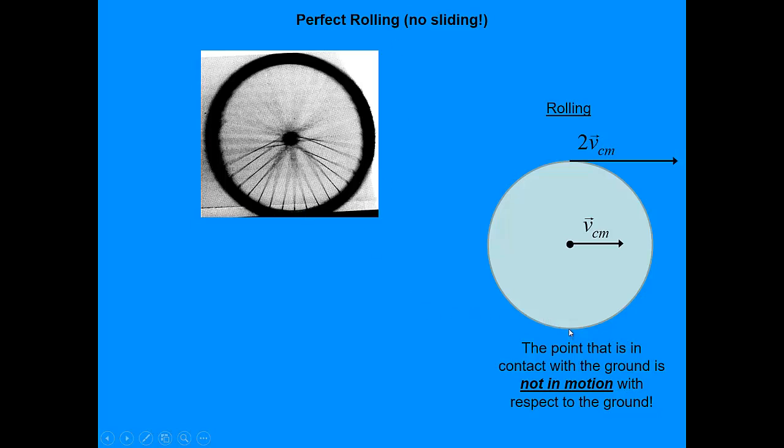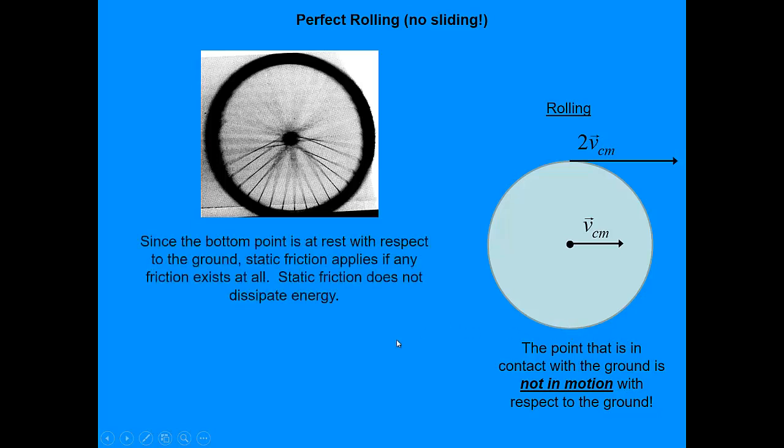Now, the thing about not moving with respect to the ground means that at best there would be static friction, perhaps, depending on the situation that we'll discuss, between the surface of the wheel and the ground. And static friction doesn't dissipate any energy.